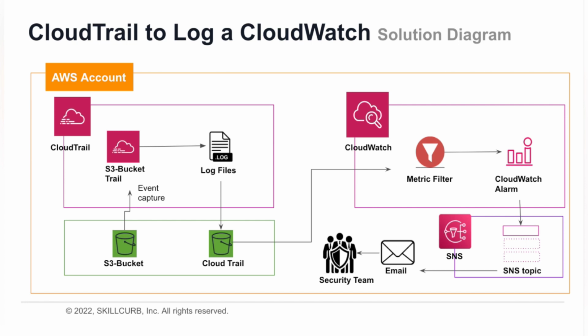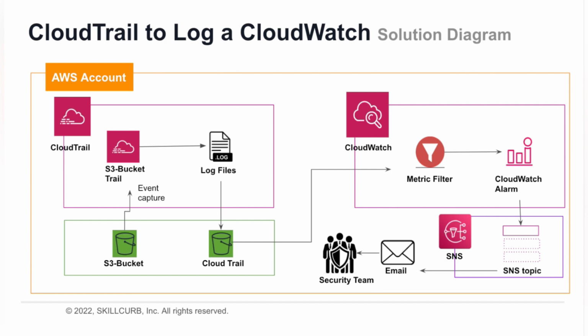We are going to enable the CloudTrail, which will give us the detailed log files about what is going into and out of the S3 bucket. These log files will be stored in the CloudTrail bucket, as well as sent to CloudWatch too. We'll use the metric filter to sort these log files and find the put and the get object requests.